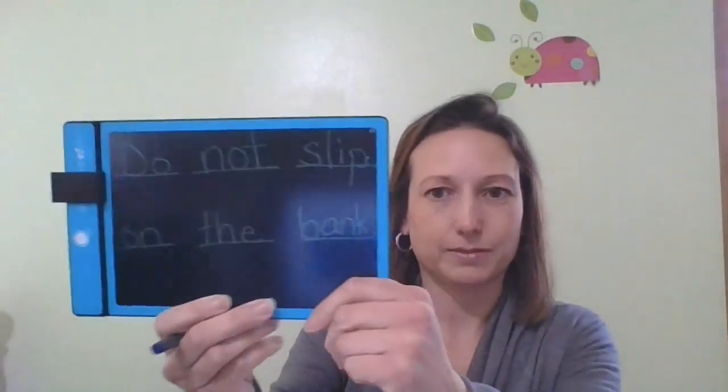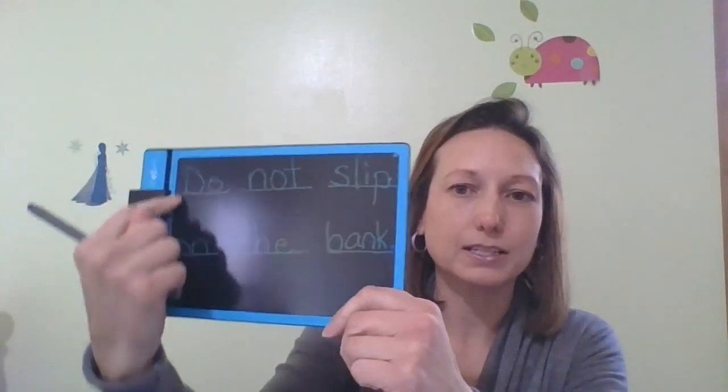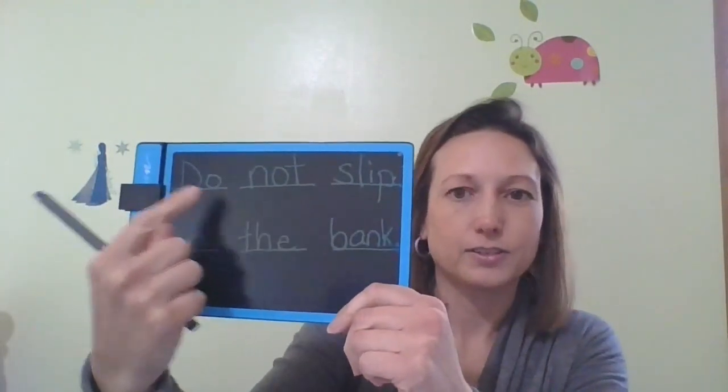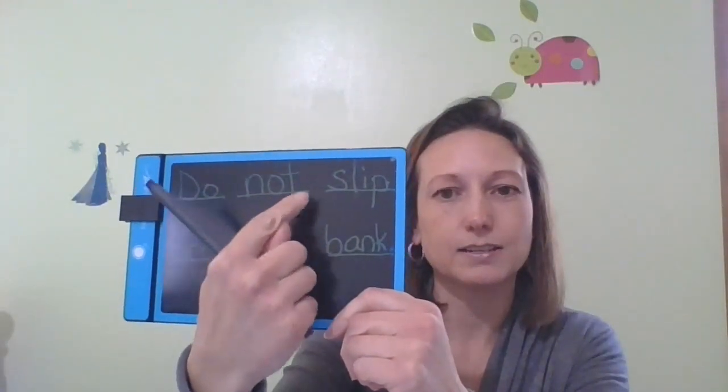And if you need more time, go ahead and pause the video and finish your sentence. If you're ready, you can check with me. Do not slip on the bank. So here we go. Do, D-O, uppercase D, because we always start our sentences with uppercase letters. Not, N-O-T.